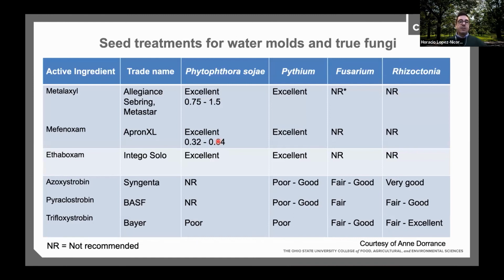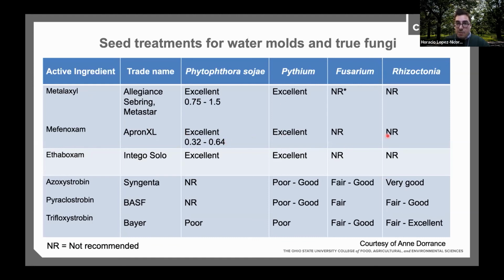So that leads into a transition to the need to use seed treatment, but the need to use the adequate seed treatment for the adequate pathogen. We see here three active ingredients meant to control water molds that still work very well, excellent for water molds.